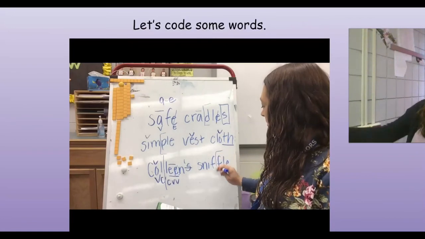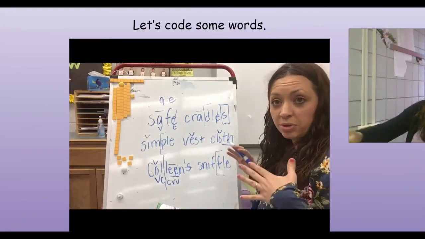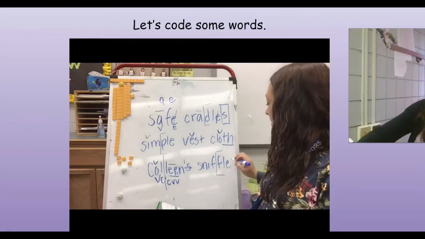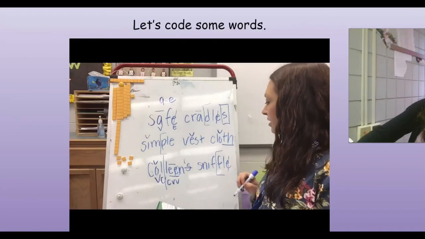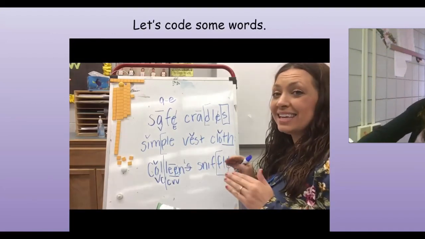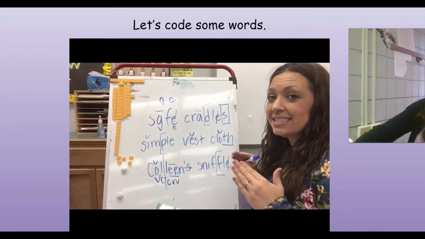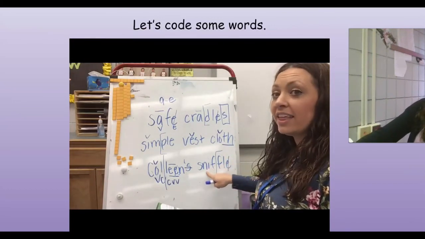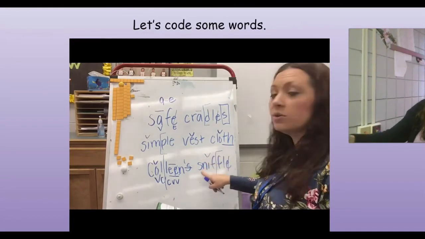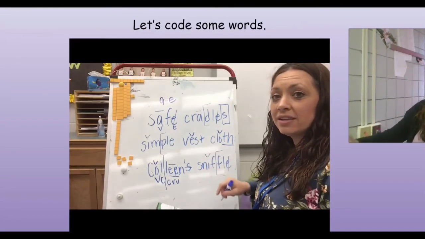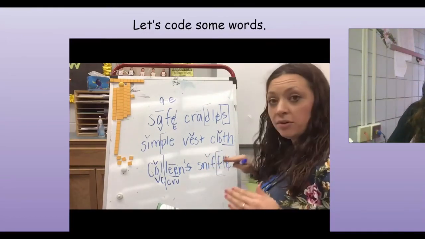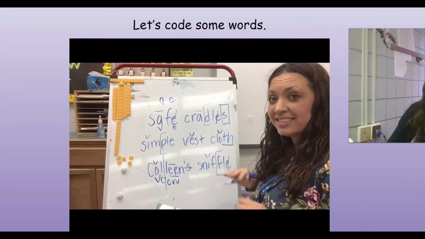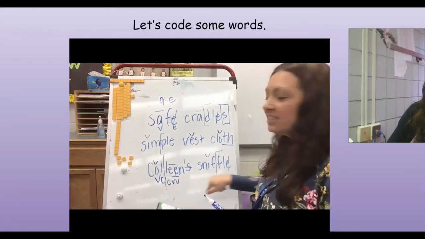All right, so I'm going to box off that stable syllable at the end, and then I know that E is going to be silent. So now I have that SN. That SN says sn. And then I have an I, which is in front of an F. That I has to be short. So sn, if, sniff, and then full. Sniffle. Sniffle, very good. So Colleen's sniffle.